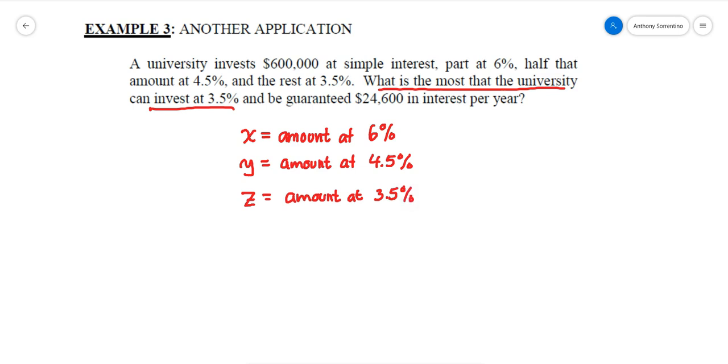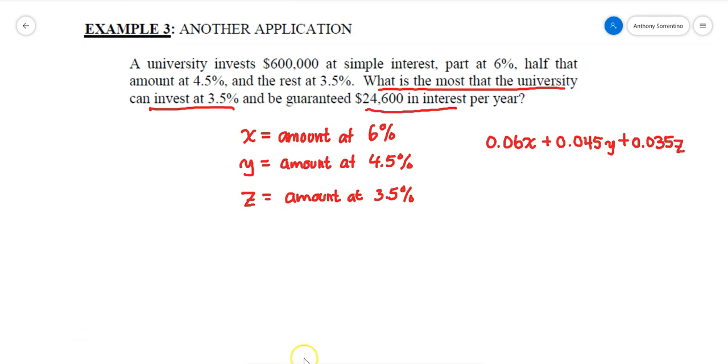And right now I want the interest. I want 24,600 in interest. So basically I want 0.06x plus 0.045y plus 0.035z.